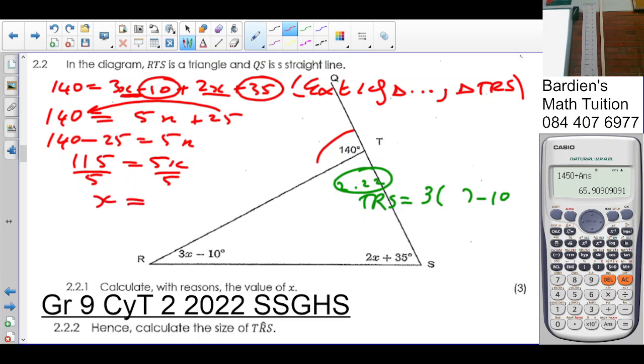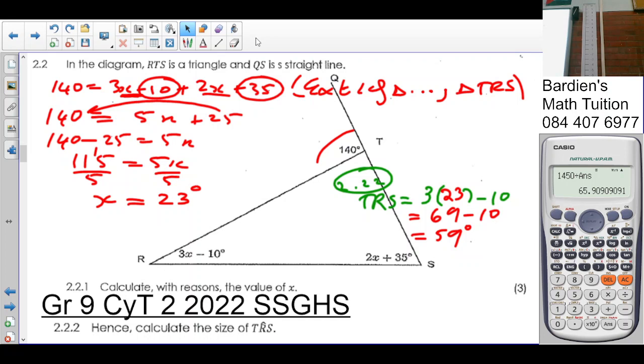So x is equal to 23 degrees. Now, TRS is 3 times 23, which is 69, minus 10, which is 59. Don't make the same mistake I did, writing the wrong stuff down from the question paper.